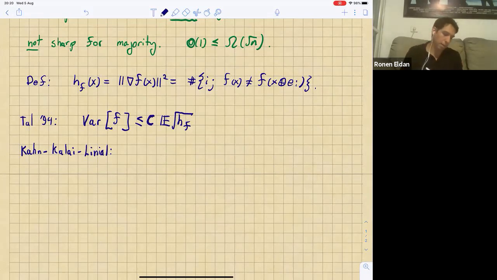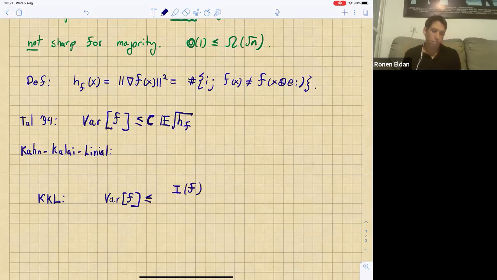So the KKL inequality looks like this. It looks kind of like the Talagrand inequality. But we also gain another term. We get to divide here by the log of 1 over the max influence of the function.